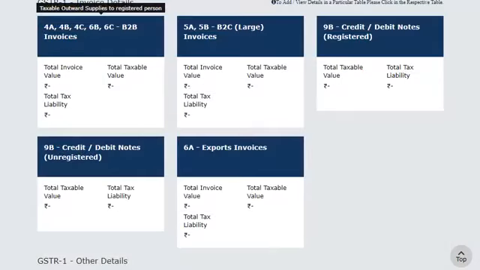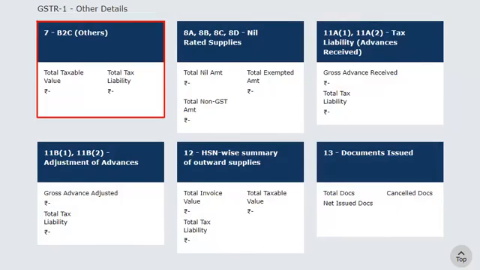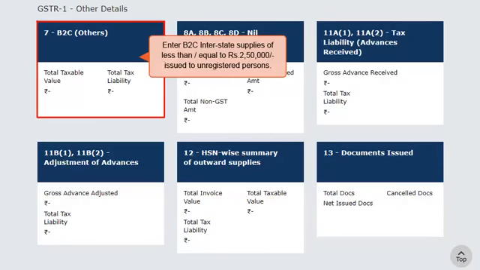Let's scroll down and move to the next section, GSTR1 Other Details. In the B2C Others category, you can enter the summary details of B2C interstate invoices with value of less than or equal to 2,50,000 rupees for each invoice and issued to unregistered persons.